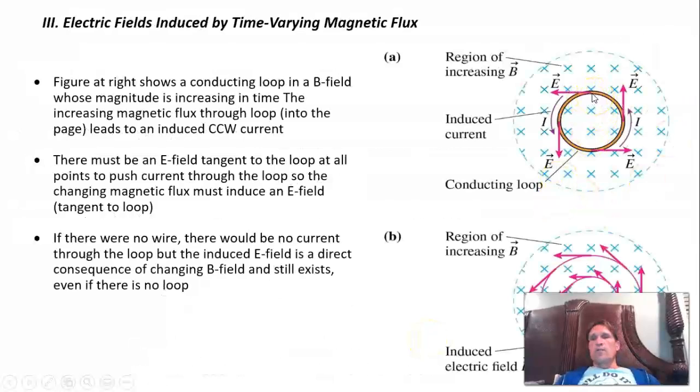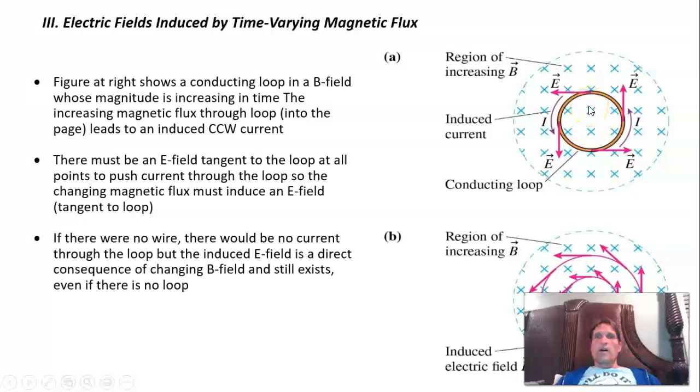And the electromotive force, since that's pushing charge around the loop, corresponds to some electric field E, which everywhere must be tangent to the loop, right? So this electric field that's created by the changing magnetic flux is giving rise to a current around the loop.